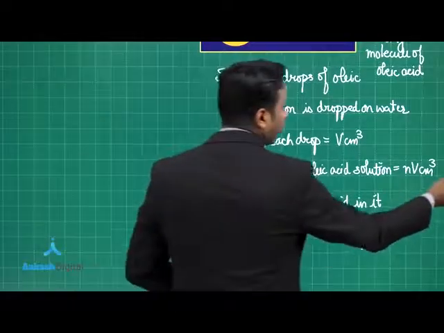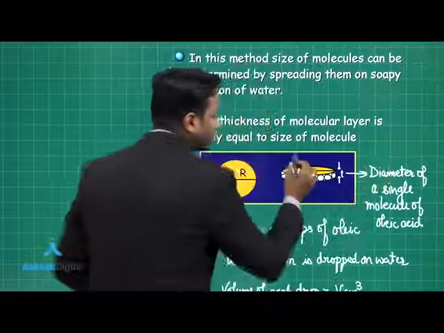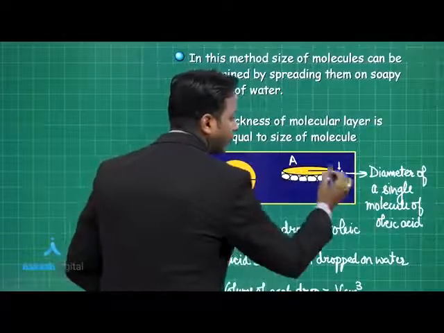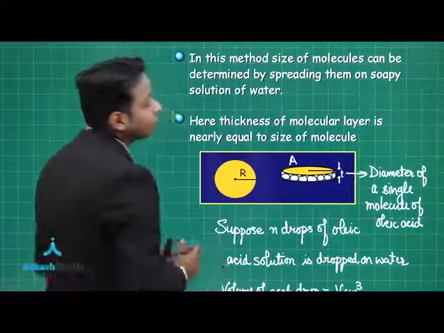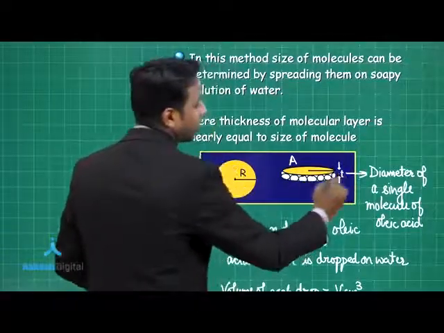Now this same volume you are also going to measure with the help of an area calculated and the thickness. So tell me, what is the volume of this disc? Volume of this disc is this area multiplied with the thickness.